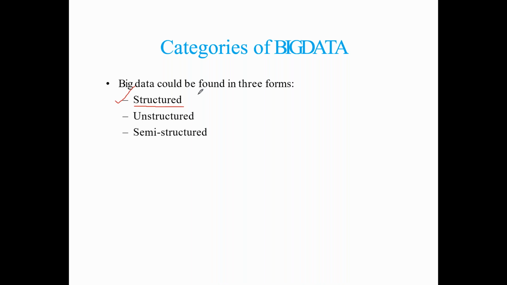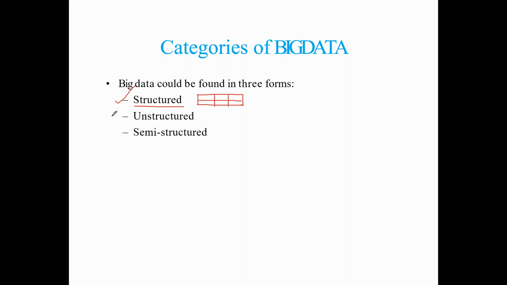If you take the data that is stored in databases, how will it look? The data in databases will be stored in the form of tables. The horizontal ones are the rows, the vertical ones are the columns. So a table is an example of structured data.